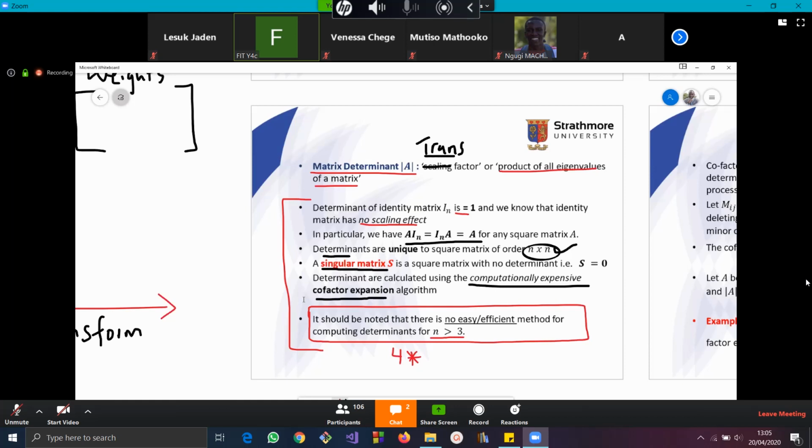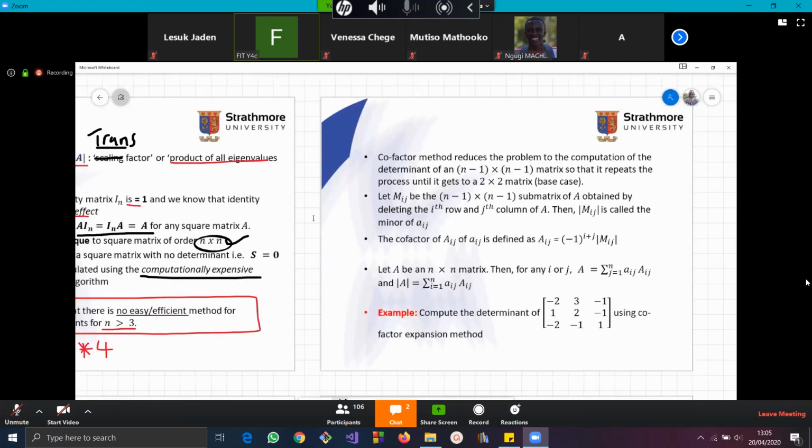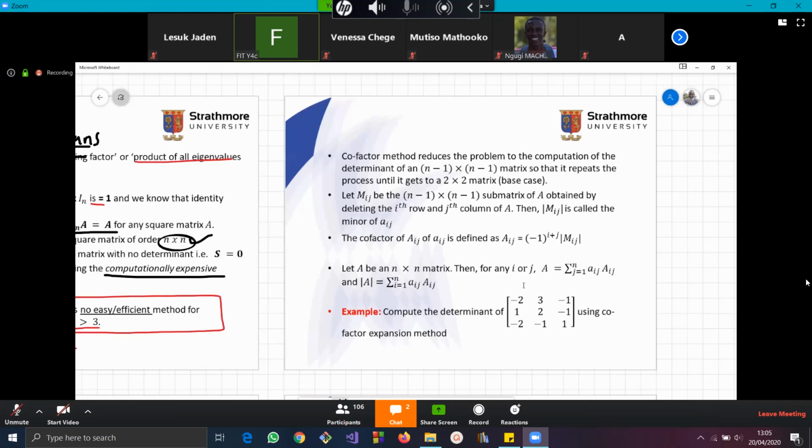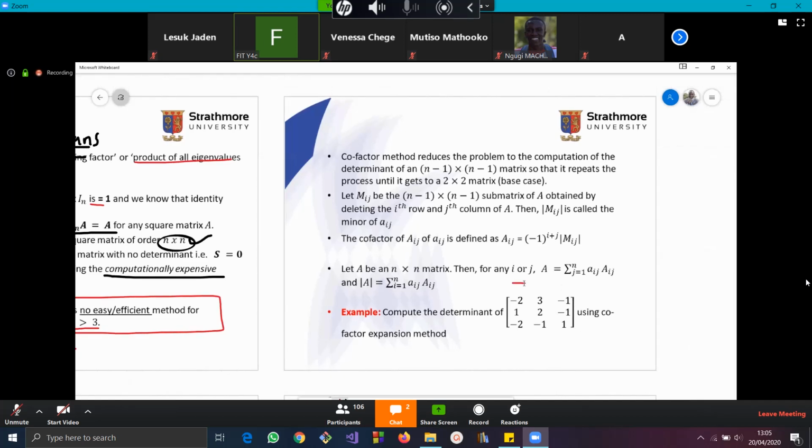But let's rush through how to compute determinants, then we see how our time will be looking. So this cofactor, I want you to revise. I know you already did this, but it's going to be extremely important. So the cofactor method is asked to compute the determinant of this matrix, okay, using the cofactor expansion method.